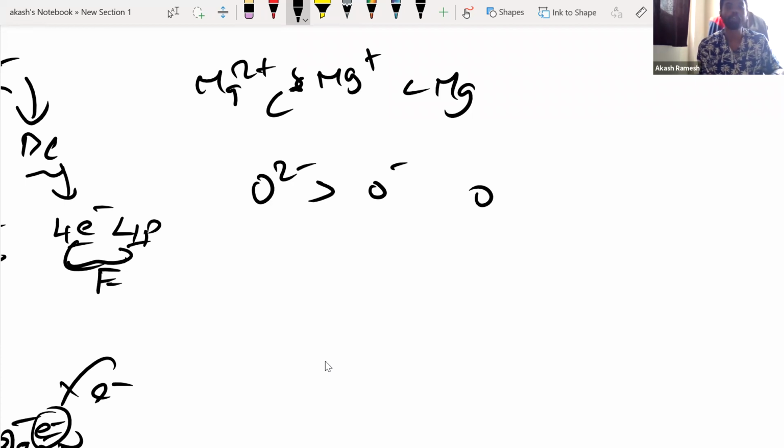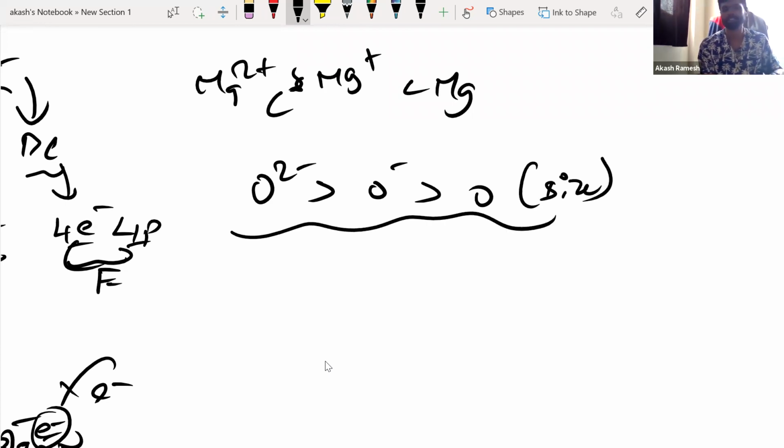O2 minus will have more size than O minus. Cl will have lesser size than Cl minus. The more electrons you add, the larger the size becomes, because the nuclear charge gets distributed among the electrons present.